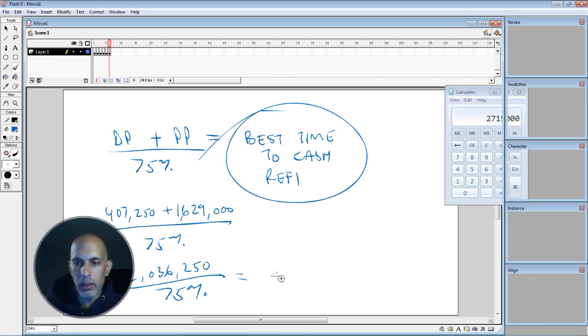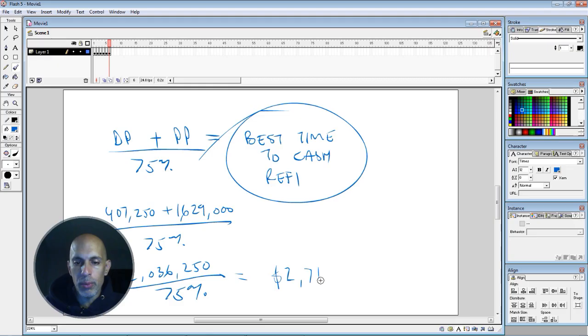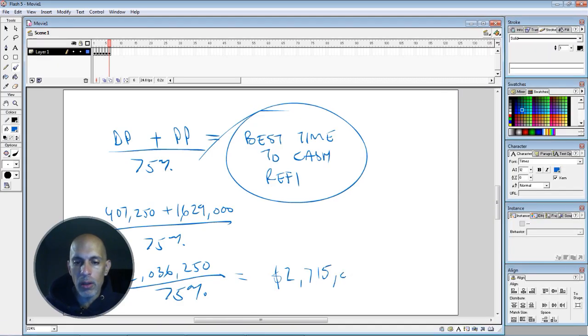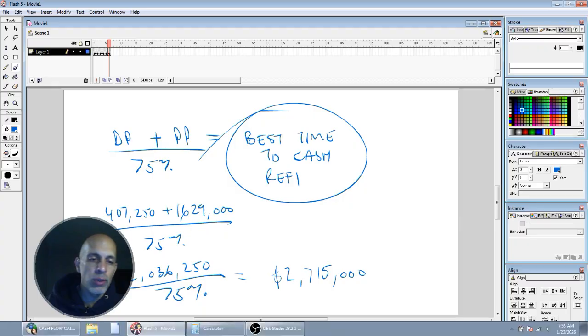So when the building is worth $2.715 million, that's when you should refi.